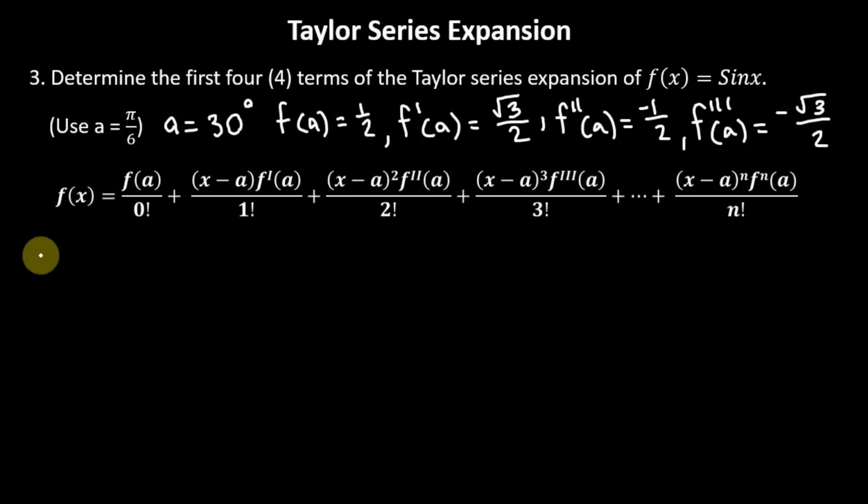Now our final step is just to write out our first four terms, which we can do with the aid of our formula here. So we'll have f of x is equal to our f of a value, which was a half. So we'll have half divided by 0 factorial, which is 1. A half divided by 1 is still a half, plus we'll multiply this bracket here, x minus a in bracket, by the value that we got for the first differential of f of a, which was root 3 over 2.